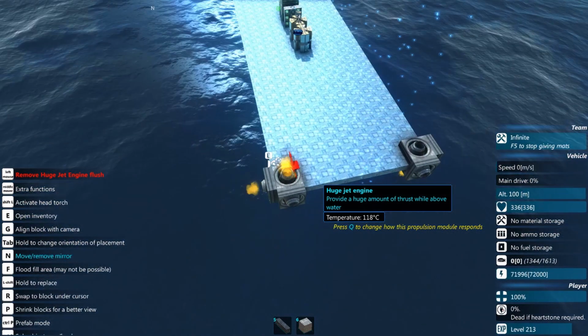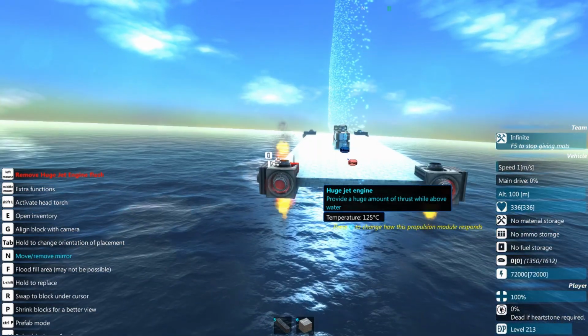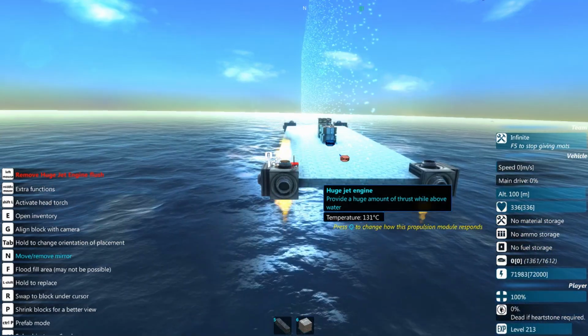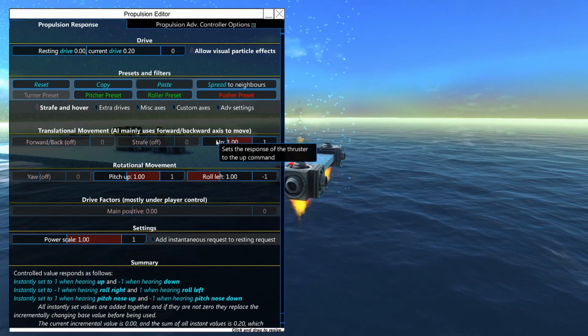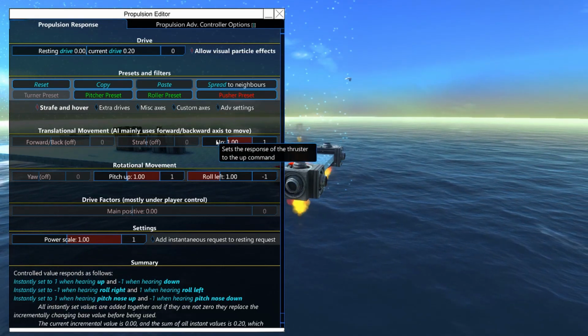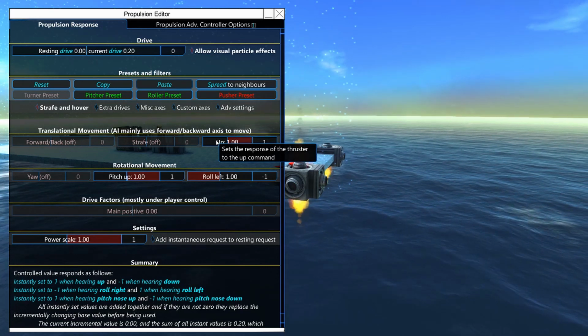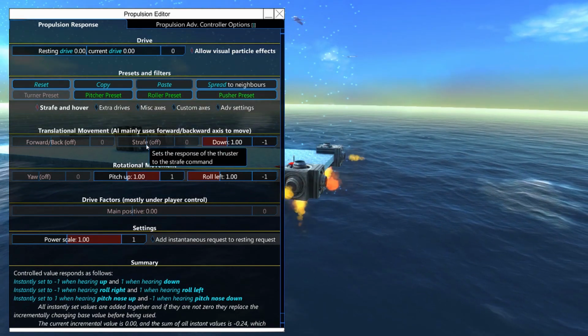In fact, if I unlock the vehicle here, I have enough control authority to counter what this is doing, but at the end of the day, it's still trying to fire downwards. That's not productive. That's not what I want, because it's trying to translate downwards while my input signal is to push upwards or lift upwards. So I don't want that in that direction. I want it in this direction.